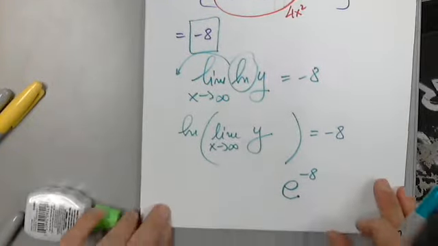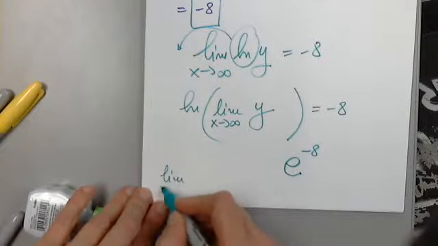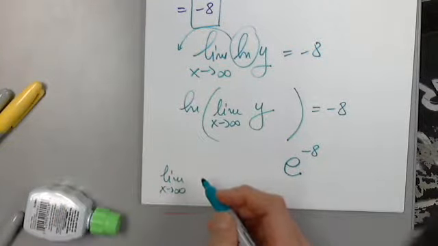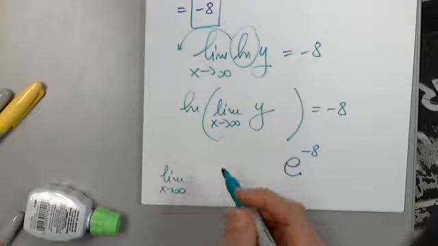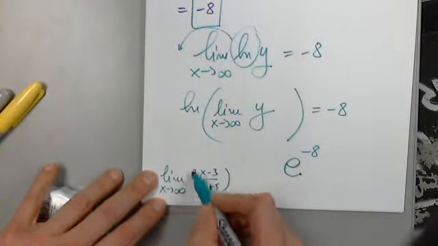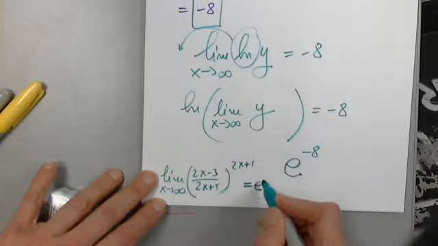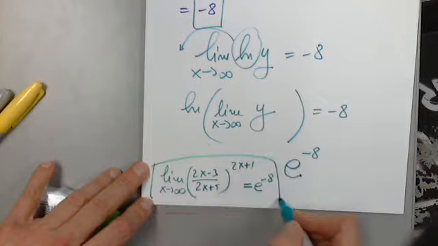So we found the limit. This is what we're looking for. We found that the limit as x approaches infinity of 2x minus 3 over 2x plus 5 raised to 2x plus 1 is e to negative 8.